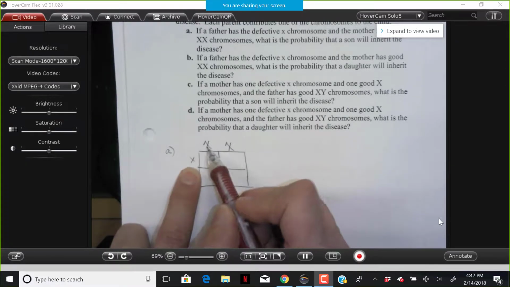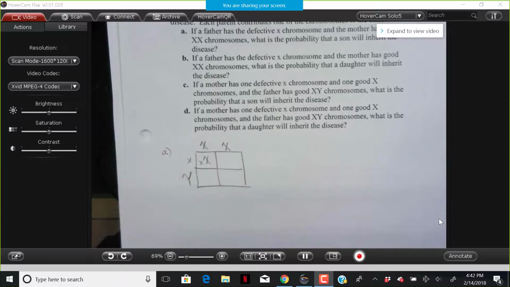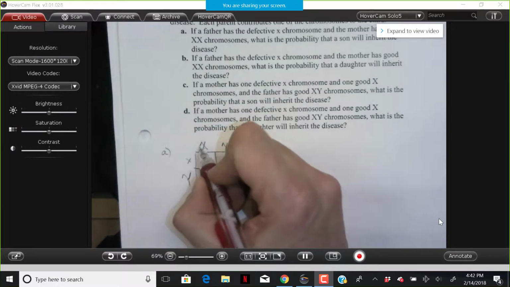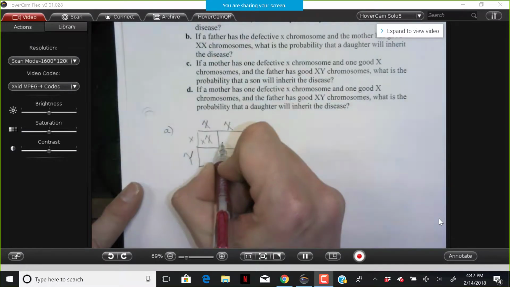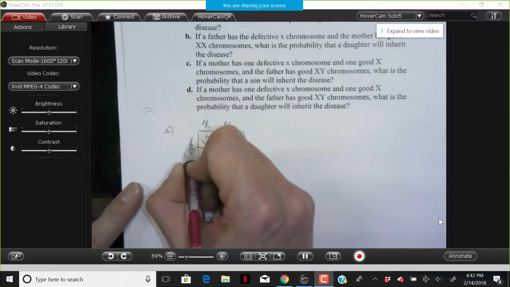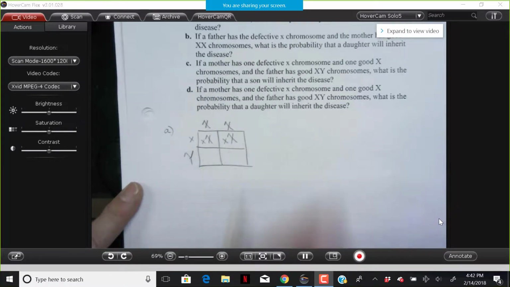So this one is little x, big X. I put a little tail on the X because otherwise small x and big X kind of look the same. I try to put that little hook on the end so I can distinguish between lowercase and capital. Then we're getting a little x from the father and a big good X from the mother.